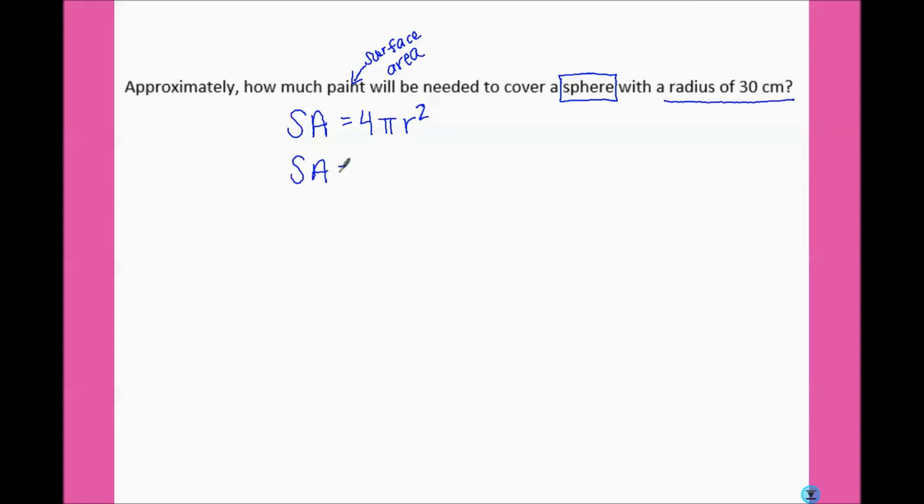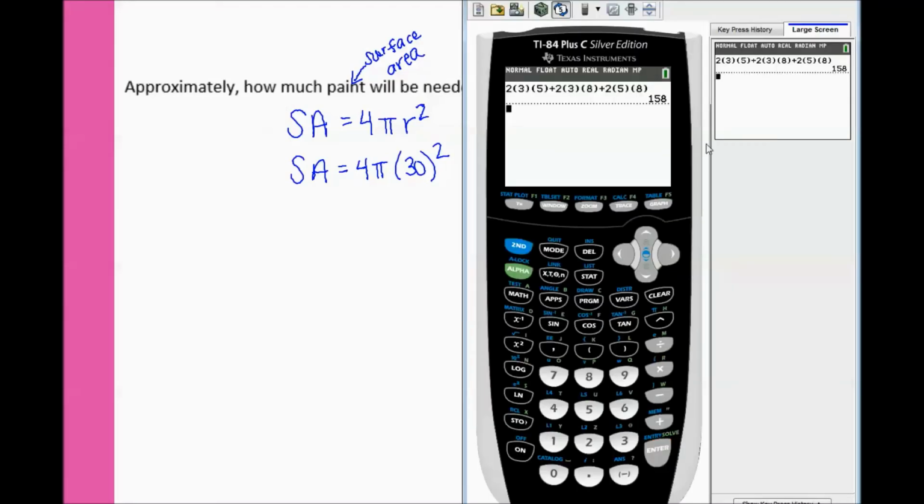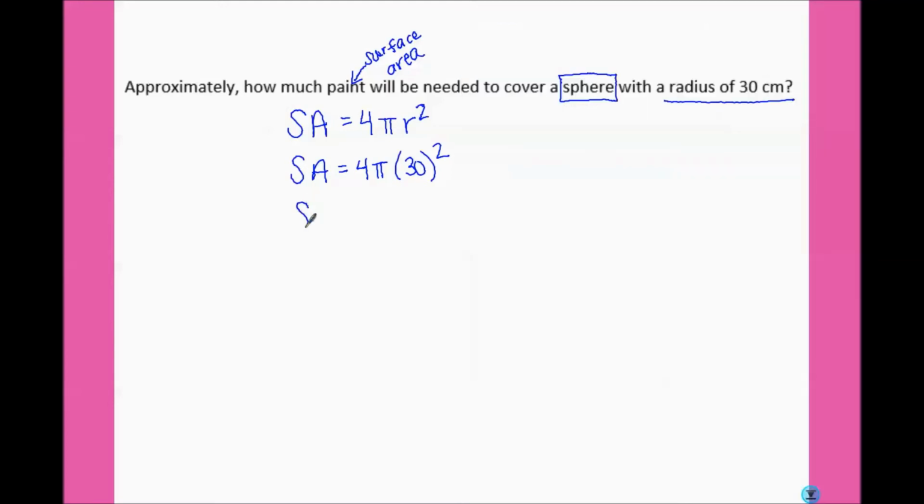So the surface area is equal to 4 pi times 30 squared. When you put this in your calculator, the pi button's right here next to the h on the little caret button. So 4 second pi 30 squared. So our surface area is 11,309.73 centimeters. And the centimeters are squared again because we're still talking about area.